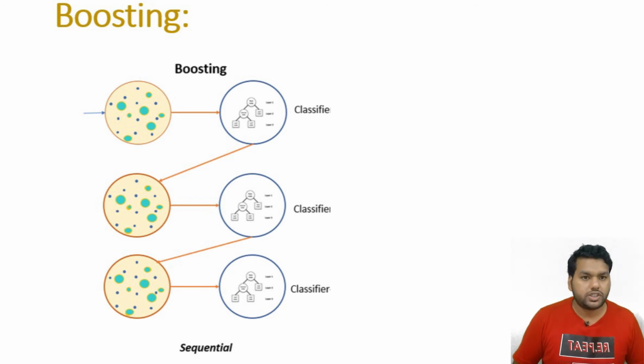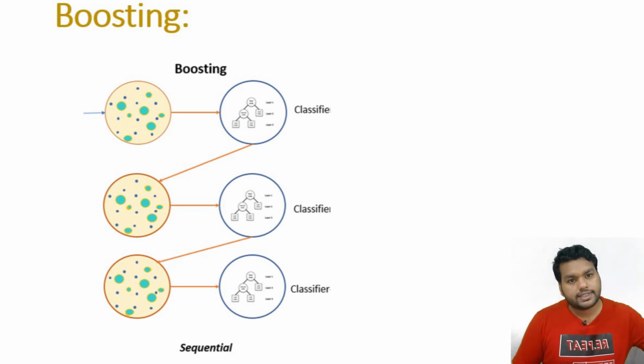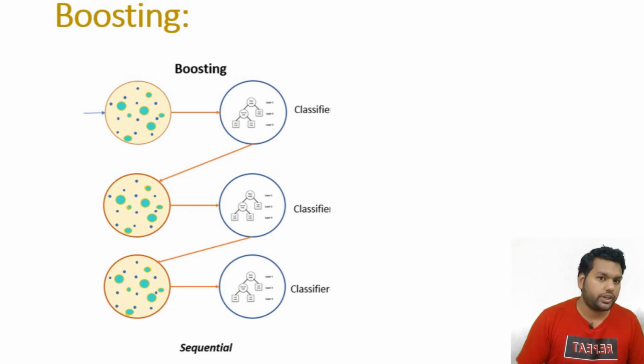Then we do the prediction, compare the actual and predicted values, and calculate the error. Now once you get the error, again you build the model on the same data set, calculate the prediction and try to reduce the error which you got from the first step. Like this you do it in multiple steps, and you have multiple models.